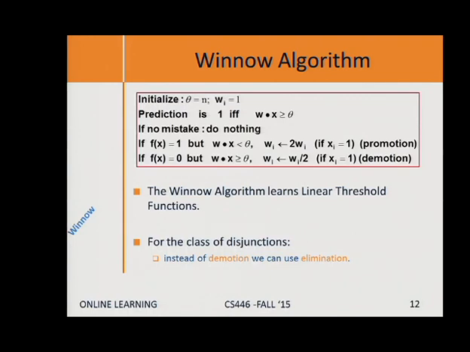Notice that if I know ahead of time, again, it's just a theoretical argument, but it's good to develop this understanding. If I know that I'm looking for disjunctions, I can replace this demotion step by an elimination step. That is, I can replace wi by 0. Why is that okay?